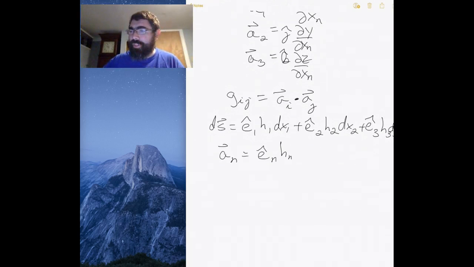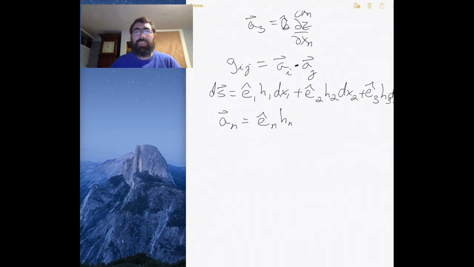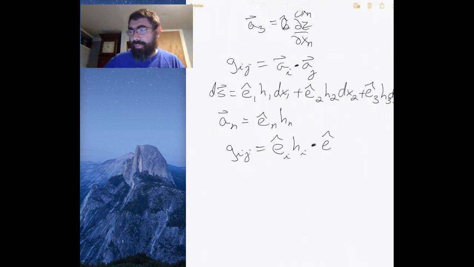If we apply that definition to the metric tensor, then we would have a sub i dotted with a sub j, which would be the unit vector i, h i, dotted with the unit vector with the j index, times the scale factor with the j index.